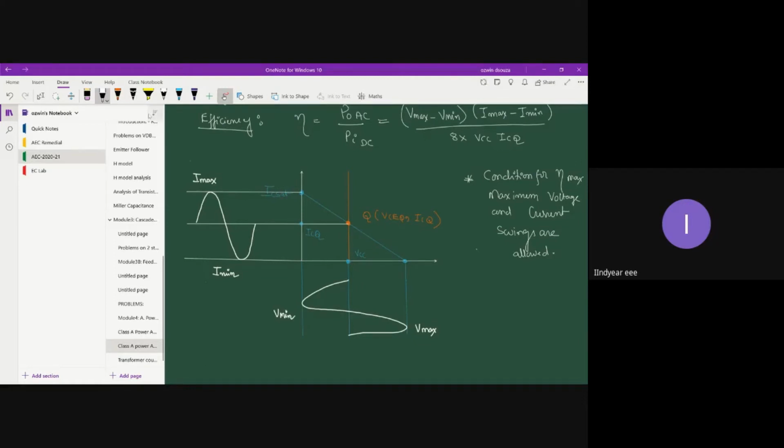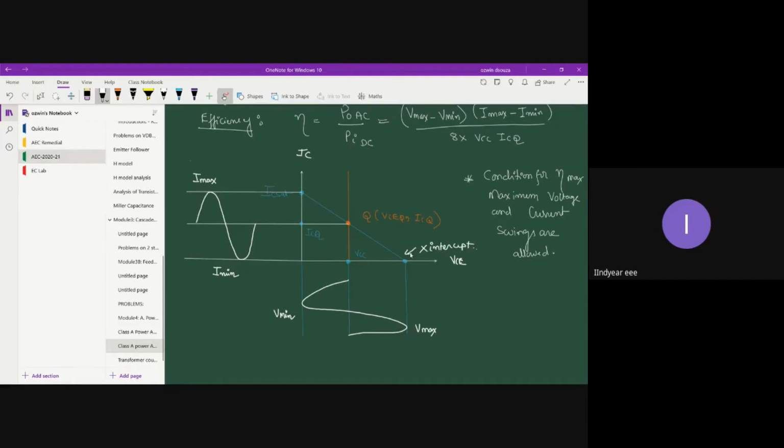Now it is pretty easy to understand that along the x-axis, this is your current axis and this is your voltage axis. Your Q point is an equidistant point, so you have equal distance measured from the Q point to the origin. Similarly, you will have an equal distance measured from the Q point to this X intercept.